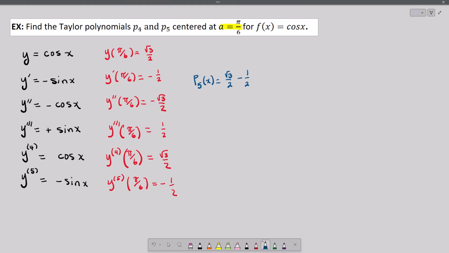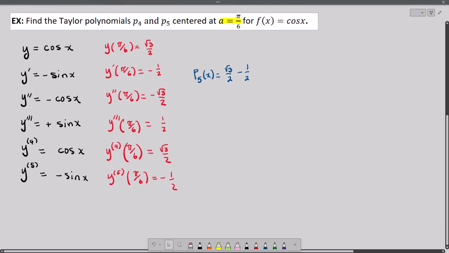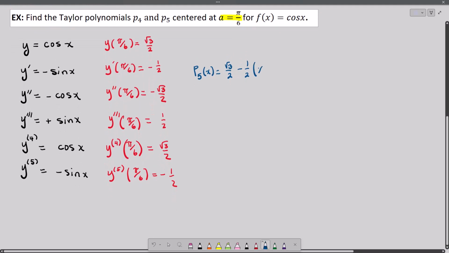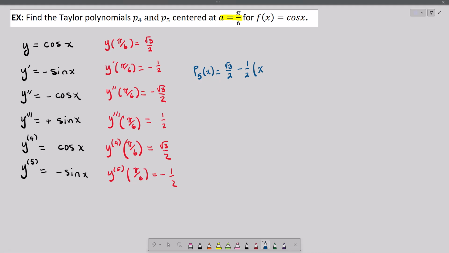So the root 3 over 2 is a constant. And then the next constant gets multiplied by x minus pi over 6. So this polynomial is going to be shifted pi over 6. So instead of powers of x, we're going to have powers of x minus pi over 6.